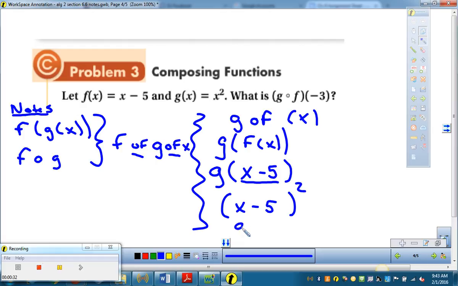And now if I want g of f of negative 3, what do I do? All I need to do is put negative 3 in for x. Giving me what?